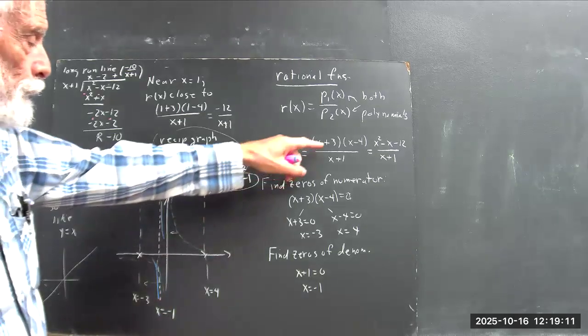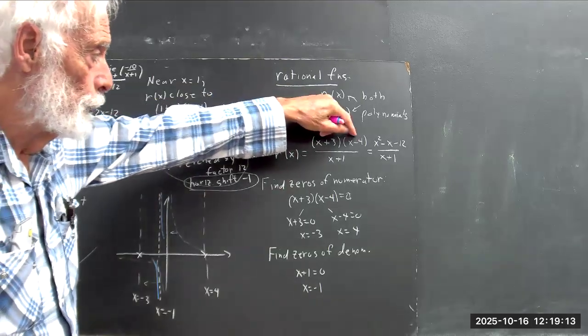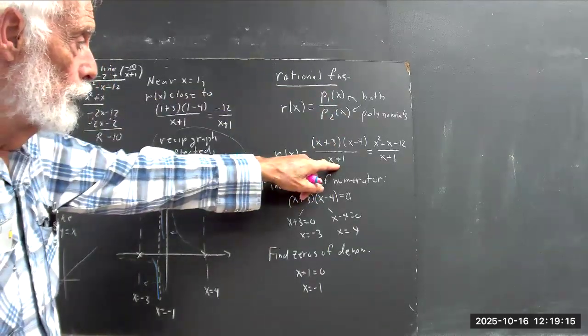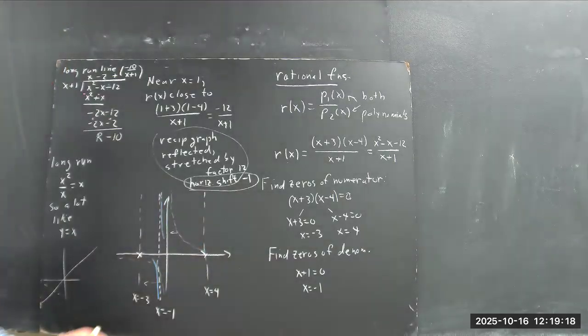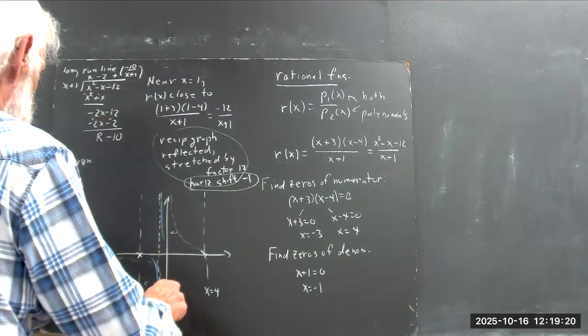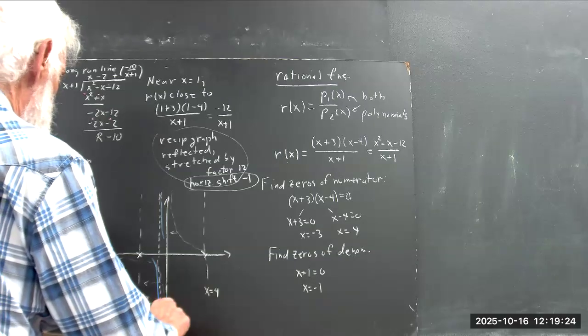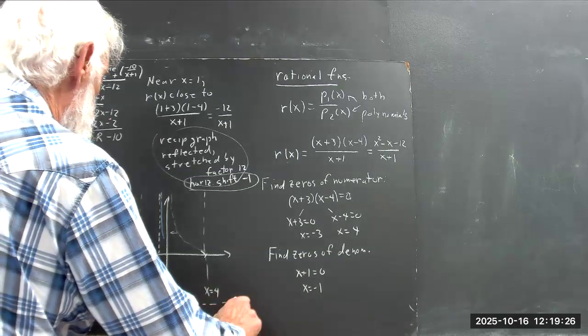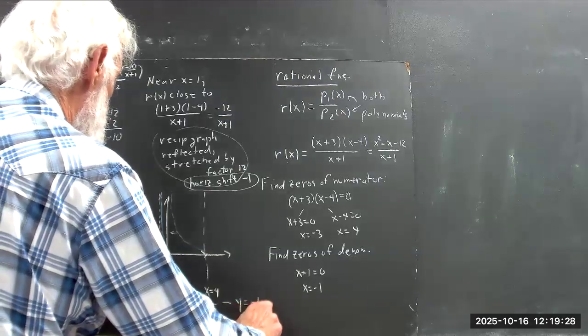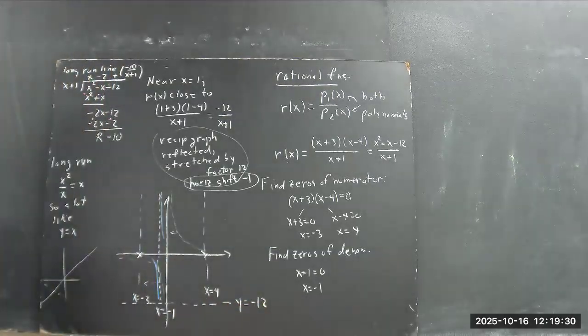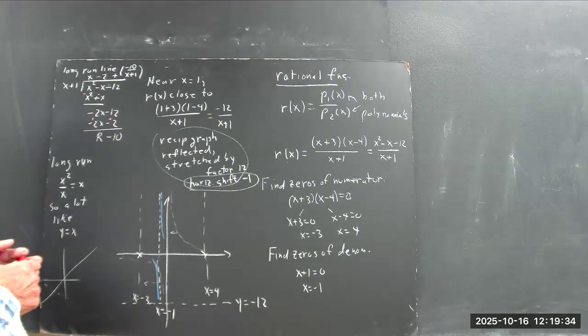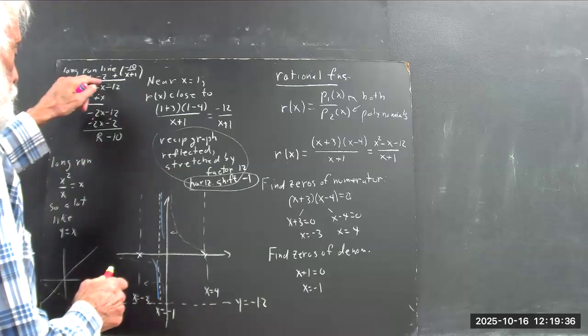So let's put some y values on here. The y-intercept is at negative 12 over 1. So the y-intercept is that y equals negative 12. The line y equals x minus 2.